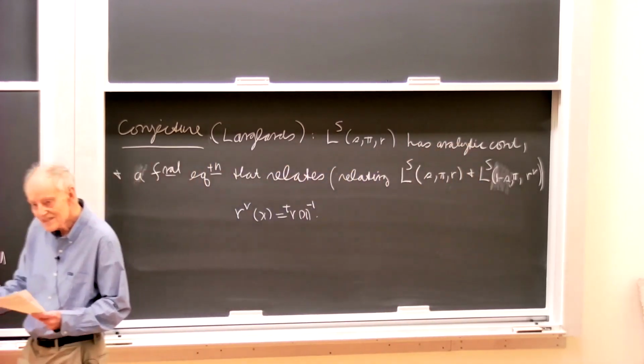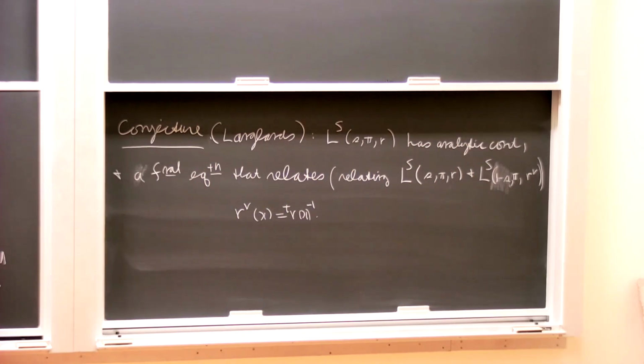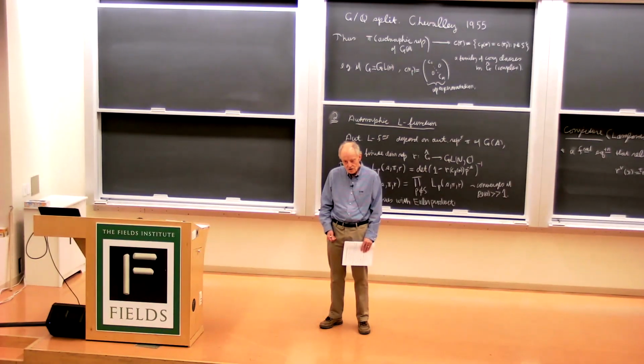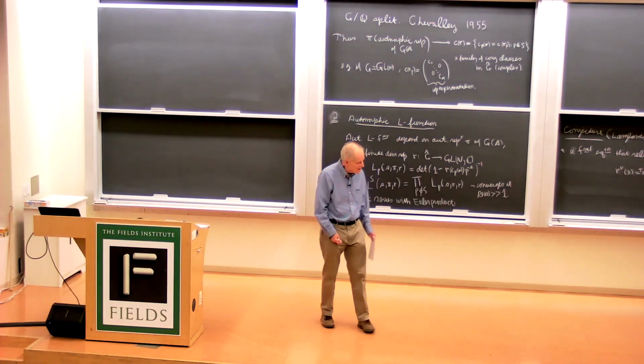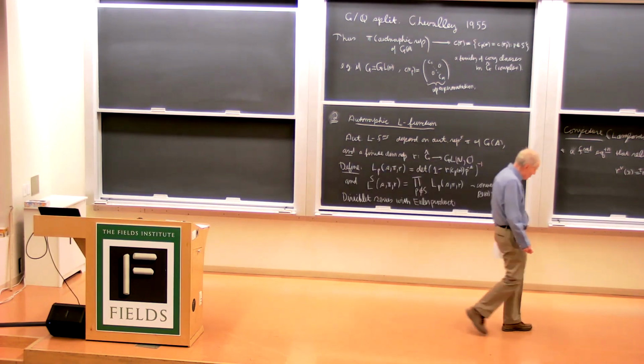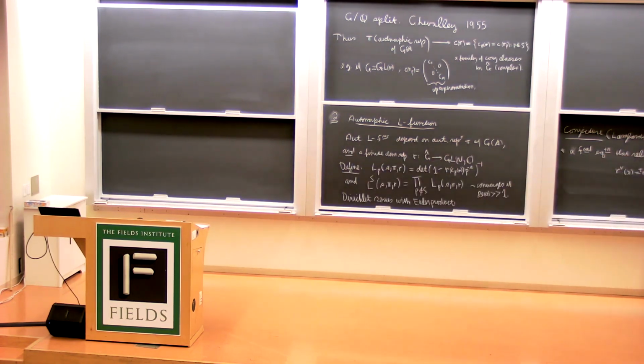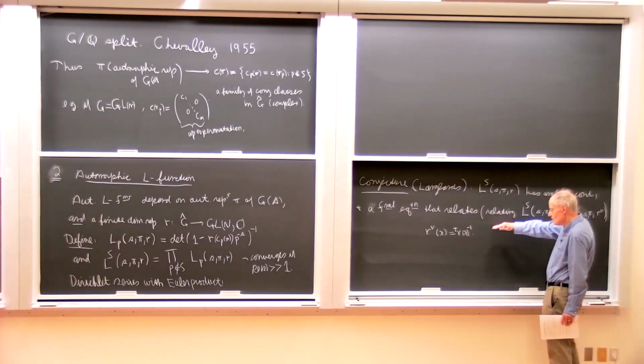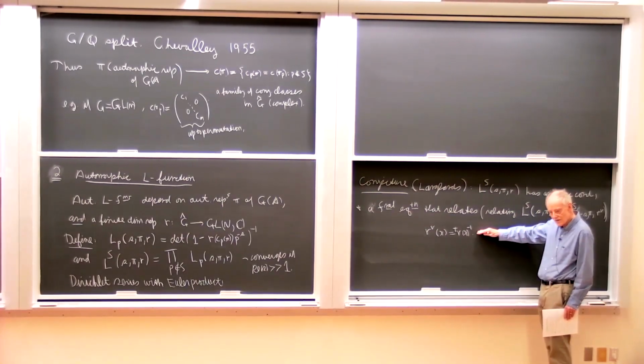So if pi is a cuspidal automorphic representation, then it converges, I guess, for real part of s greater than 1. So for GL_N, at least, I think you're fine.